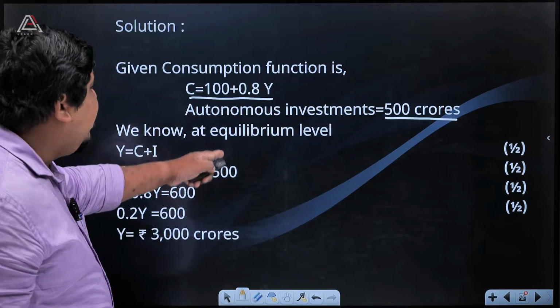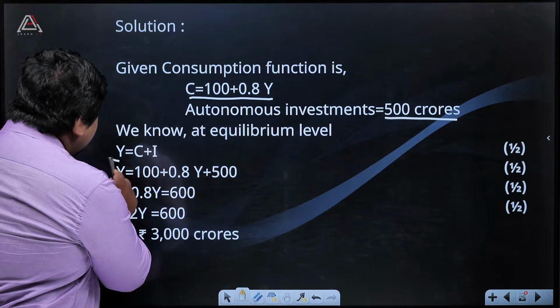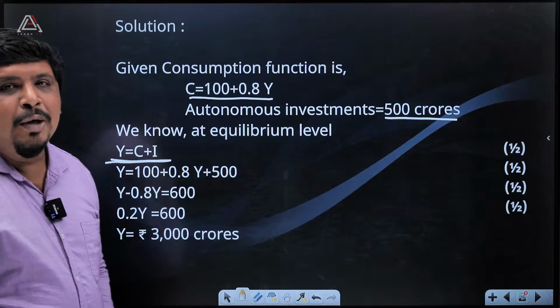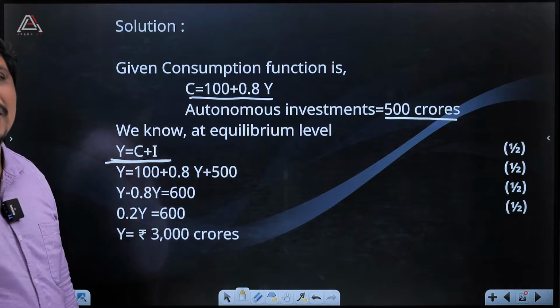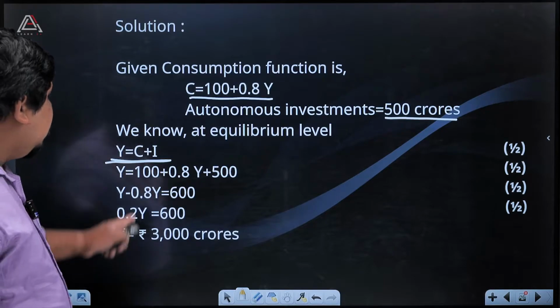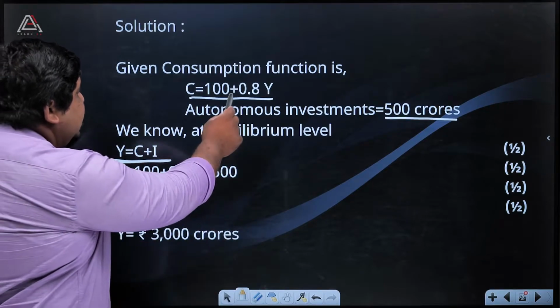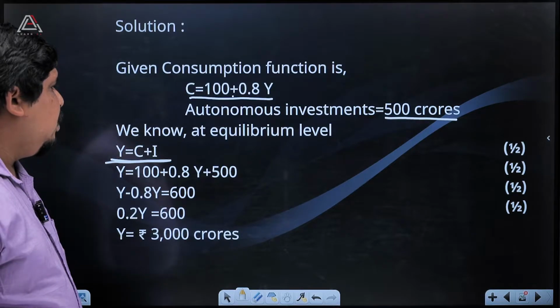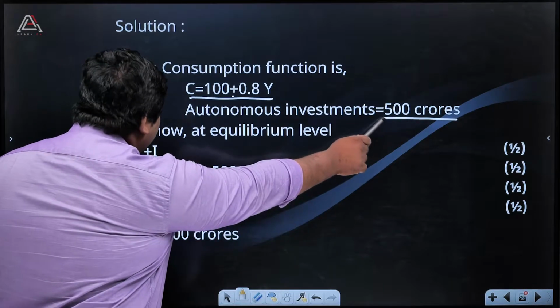Then for the equilibrium level, this is the formula we can write. Y is equal to, Y means income, is equal to C plus I. C means consumption function, that is here. Then I is investment. Investment is also there, 500.